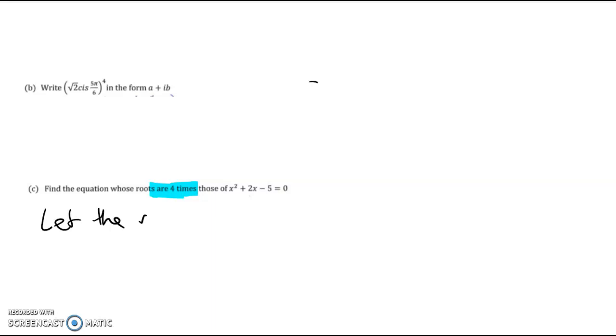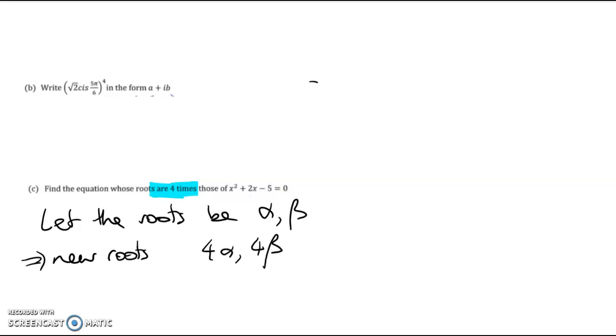we're going to say let the first roots be alpha and beta. That means that the new roots are 4 alpha and 4 beta. In the first equation, we had the sum of the roots, alpha plus beta, is equal to negative b over a, which is negative 2. And we had the product of the roots is equal to c over a, which is negative 5.